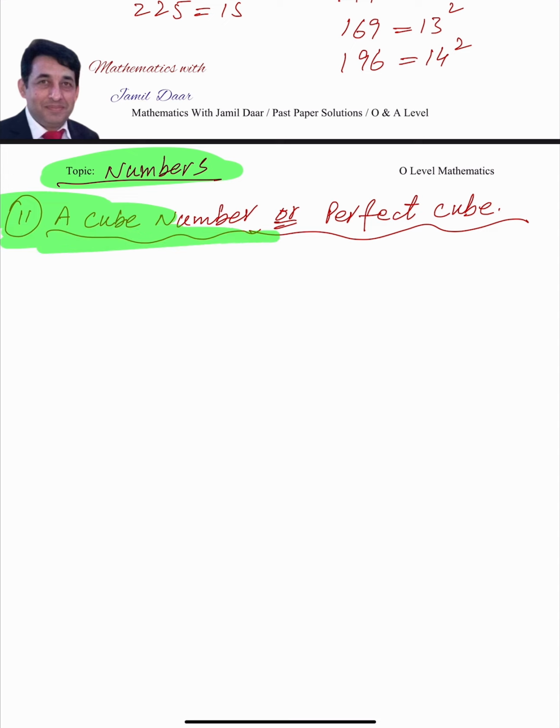The numbers which can be written in cube form are called the perfect cubes.